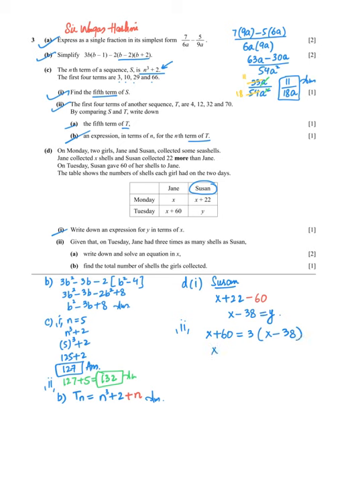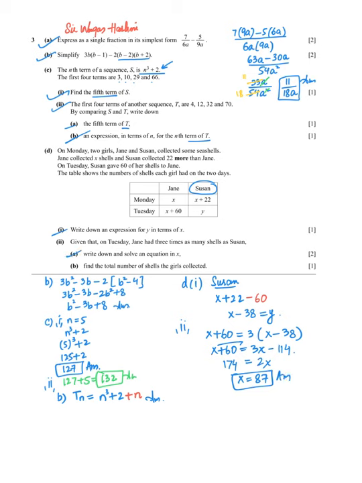So x plus 60 equals 3 times x minus 38, that is 3x minus 114. Shift x to the right side, 3x minus x is 2x, and 60 plus 114 is 174, and you need to divide it by 2. So the value of x we got is 87, and that is your answer.